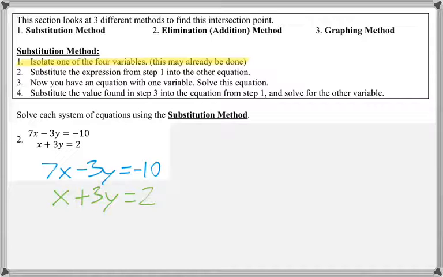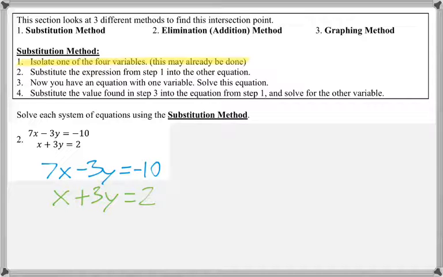So what that means is we have the top x, the bottom x, the top y, and the bottom y. And one of these variables has to be by itself on one of the sides of one of the equations. And that is not done here. So we need to isolate one of these 4 variables.